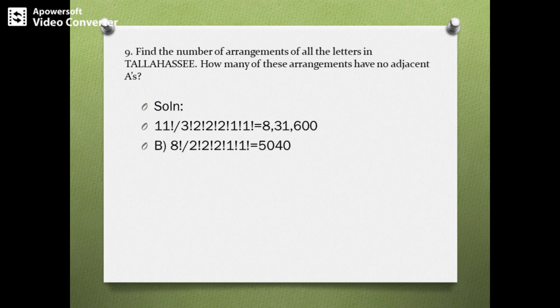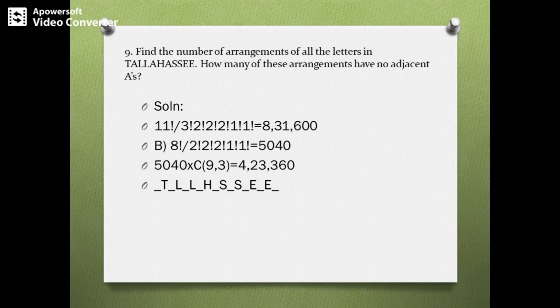So this 5040 refers to the arrangement in which we have excluded the A's. Now we can also fit these A's in the available locations. You can observe there are 9 locations, and we can fit these 3 A's in these locations.